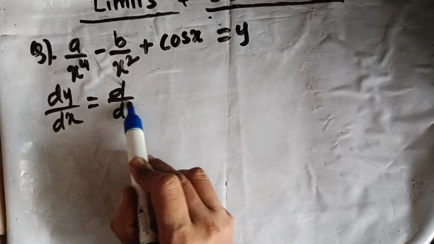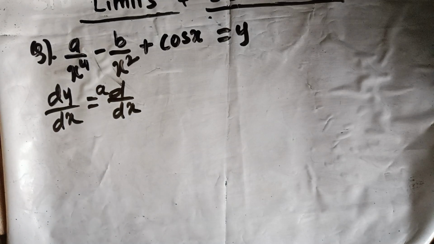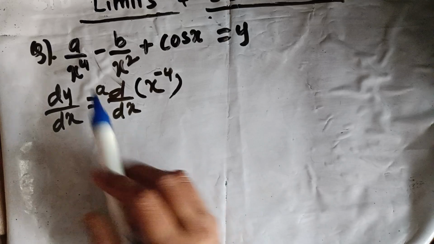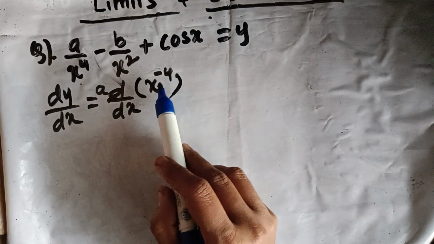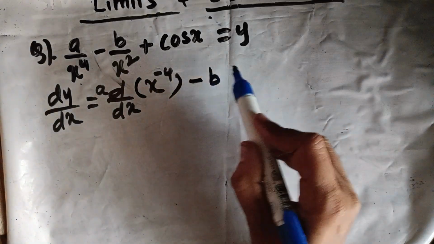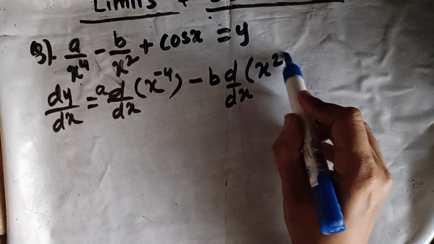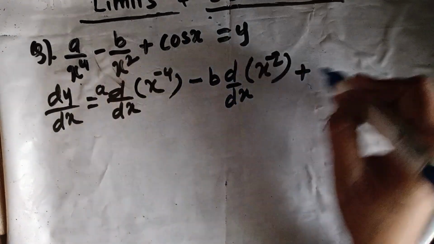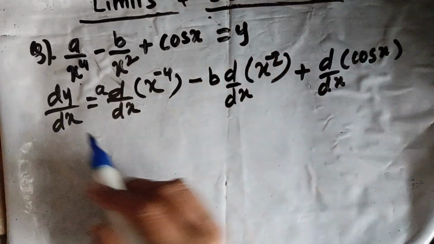D by dx of a, a is a constant term, so a you can write outside. And x to the 4 you can take as x to the minus 4 because this is in the denominator. So when it goes in the numerator the power becomes negative. Same way, b is constant, d by dx of x square, x raised to minus 2, okay, plus d by dx of cos of x.